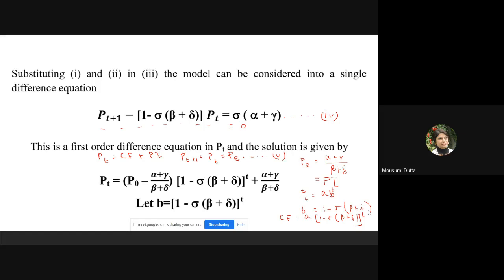Thus, the time path of price is given by Pt is equal to CF plus PI.